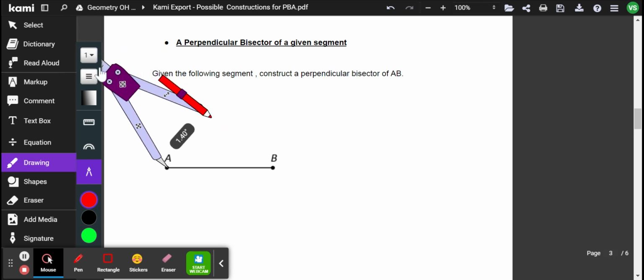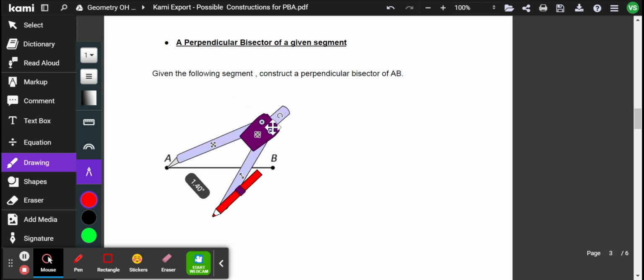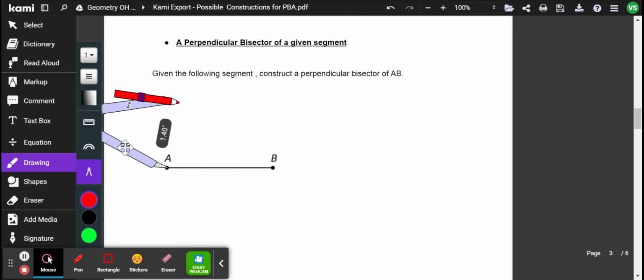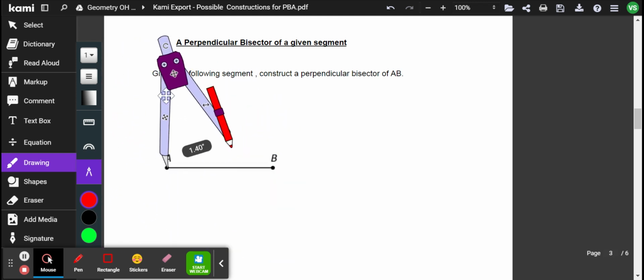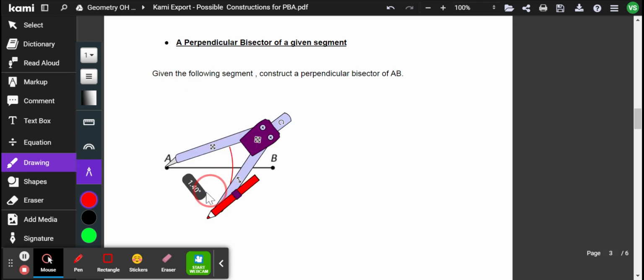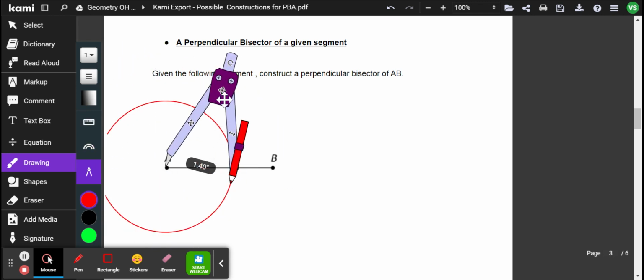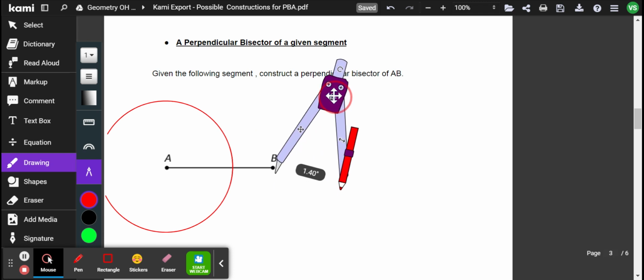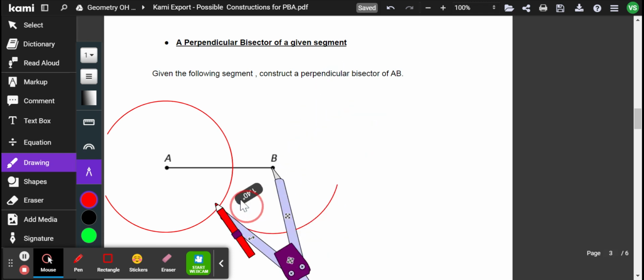I don't know why it's not getting me through. So here, maybe it's too close to the end. All right, let me make a full circle. Circle here, and then with the same radius, I'm going to make another circle over here.